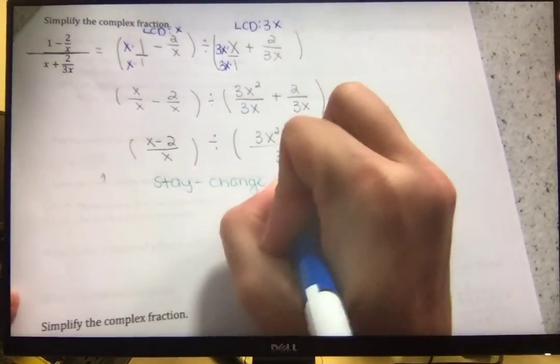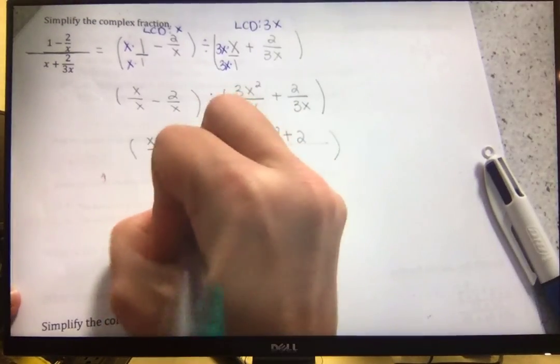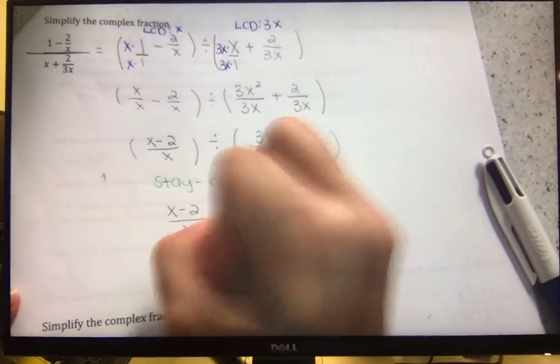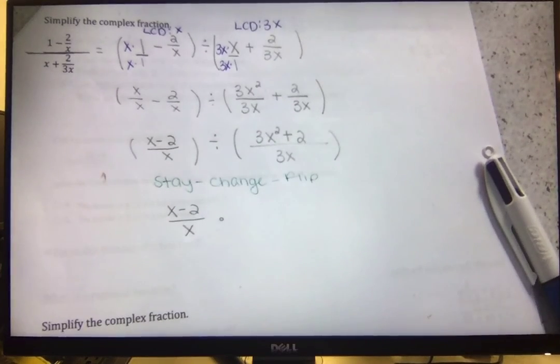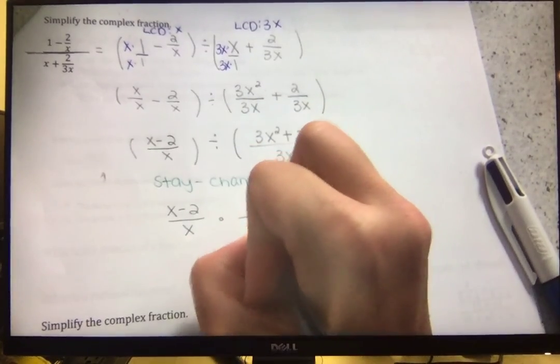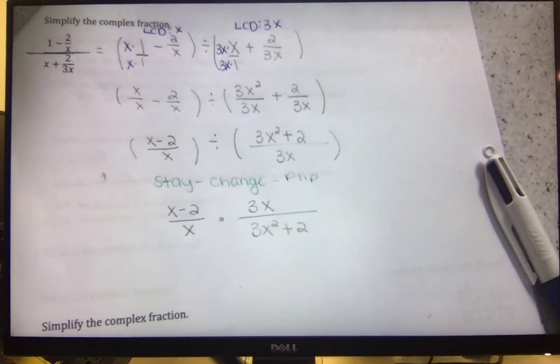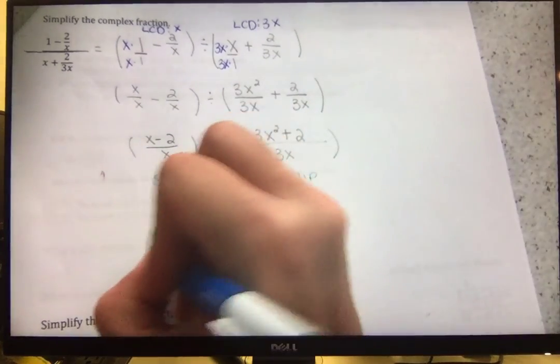So our first fraction is staying the same. It's going to stay x minus 2 all over x. Our operation's changing from division to multiplication. And we are flipping that second fraction. So 3x all over 3x squared plus 2. So now we are multiplying, so we can multiply straight across.